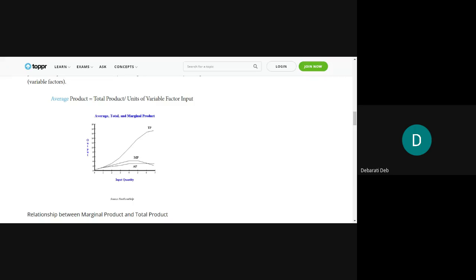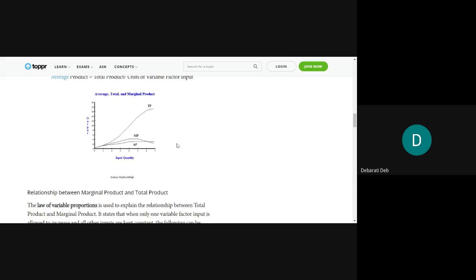Since average product, marginal product, and total product all have to do with the relationship between the inputs and the output, you have to draw input on the x-axis and output on the y-axis. Okay. So if you draw that, the curves will look like this one. See, the average product curve will be a flatter one.